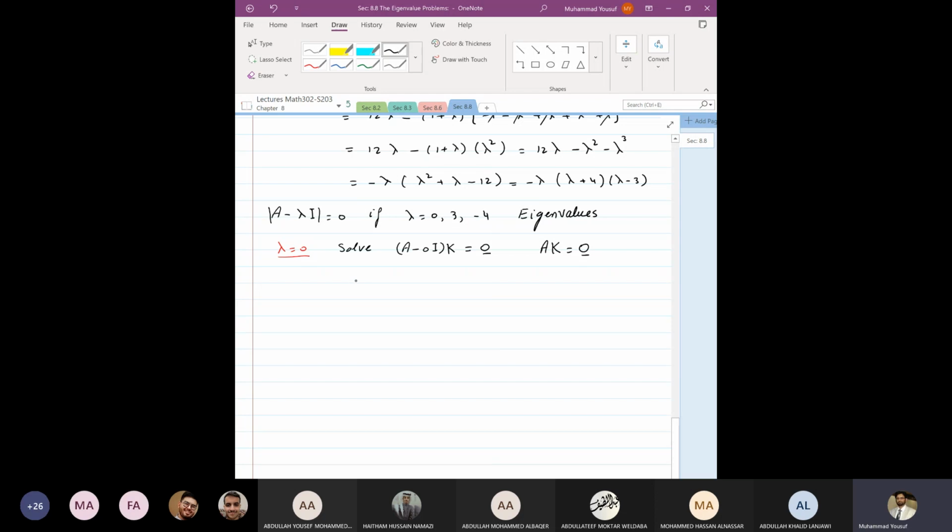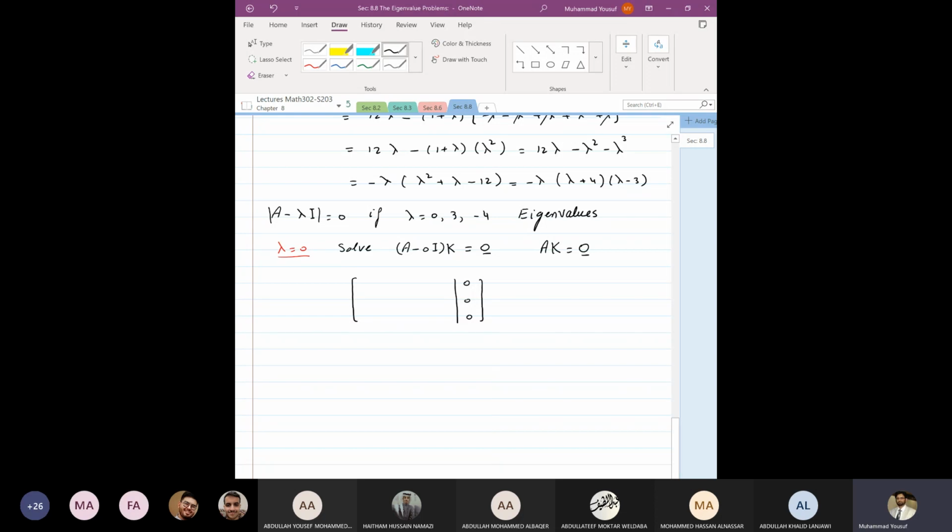So what will be the augmented matrix for A k equal to 0? You can solve either by substitution, by using augmented matrix row operations, whatever method you like.